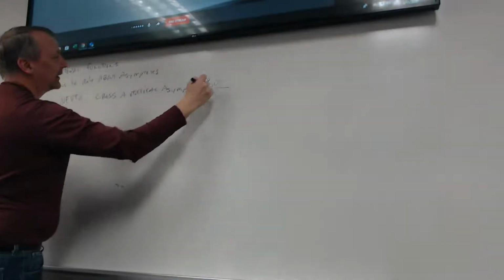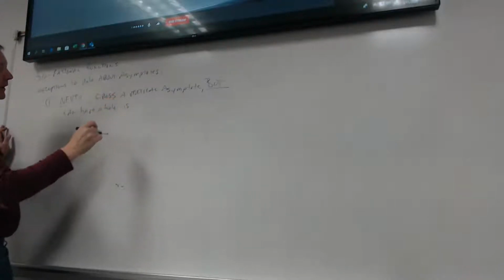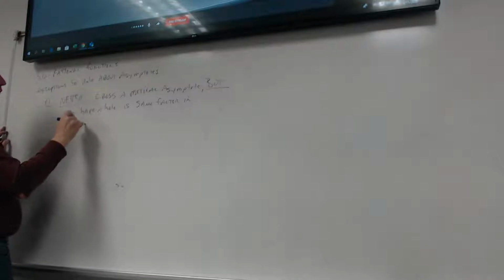But, here's your big but, you can have a hole if you have the same factor in the numerator and the denominator. Okay? So we'll give you an example of something like that. So you will never actually cross, but you can have a hole.